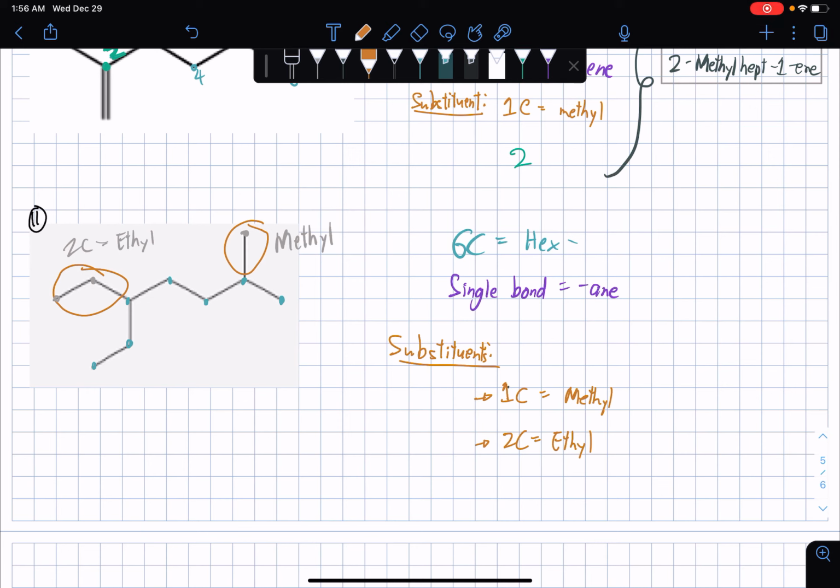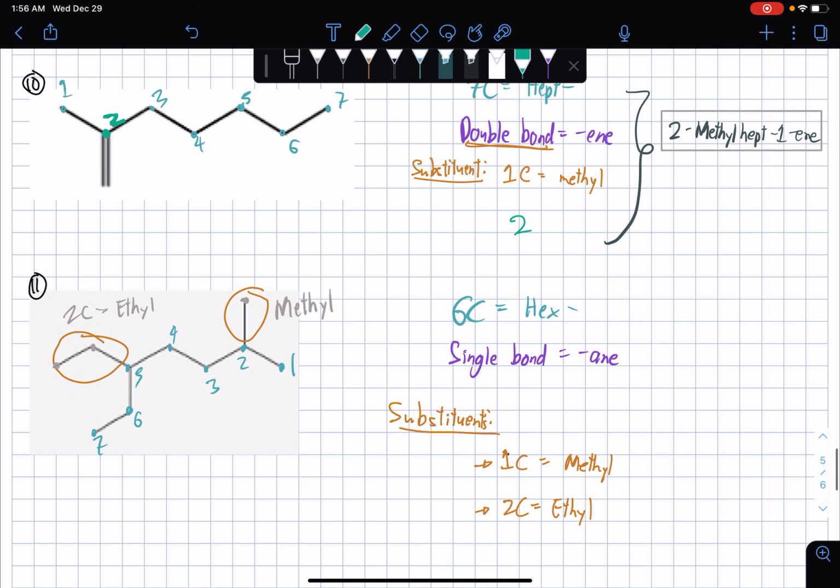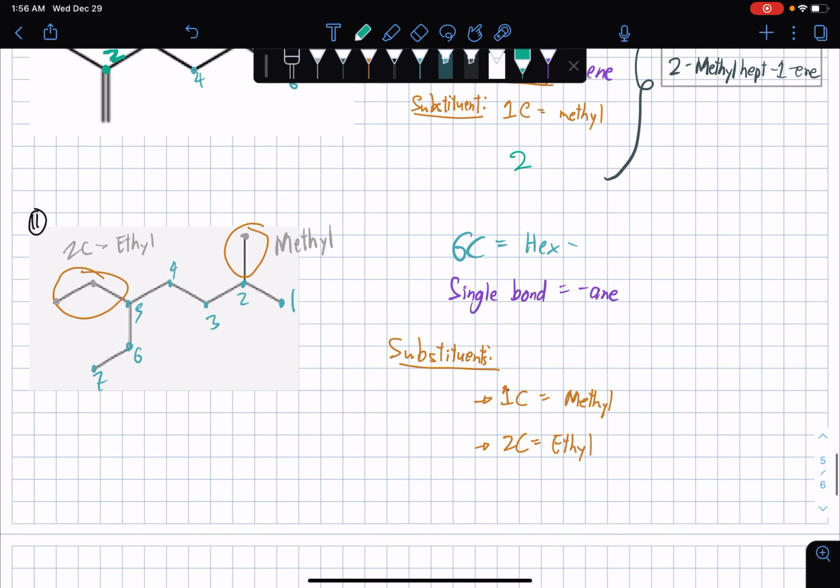So right now, let's name the carbons. 1, 2, 3, 4, 5, 6, 7. We have 2 green numbers right now, actually. I'm sorry about suspending it earlier. I said that there won't be any green numbers, but as of now, you can see that the substituents have them. So for methyl, we have the carbon 2.